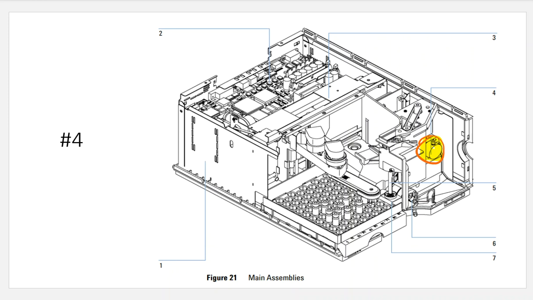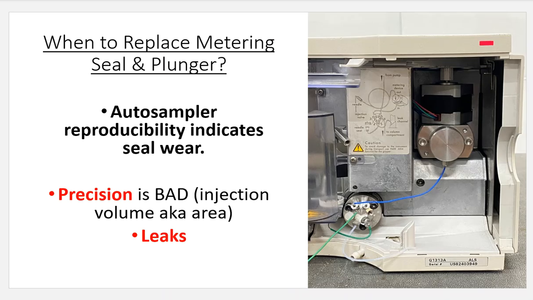So those things do have to be replaced. And if you don't visually see leaks, there are signs otherwise that can tell you that it probably needs a little bit of work. The autosampler reproducibility, the RSD of these systems, begins to plummet if your analytical metering devices are not doing their job the proper way.